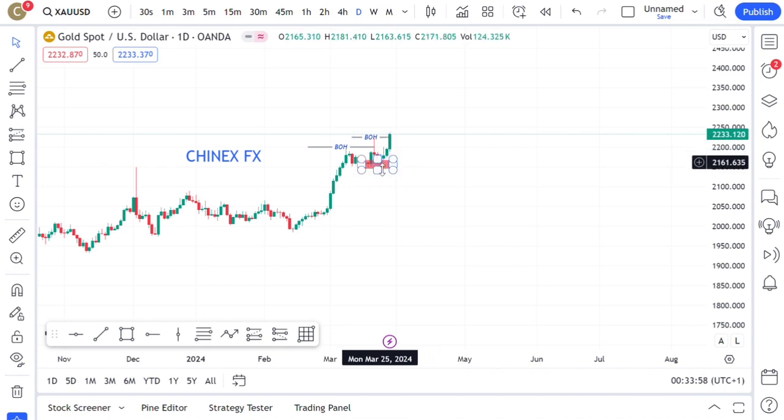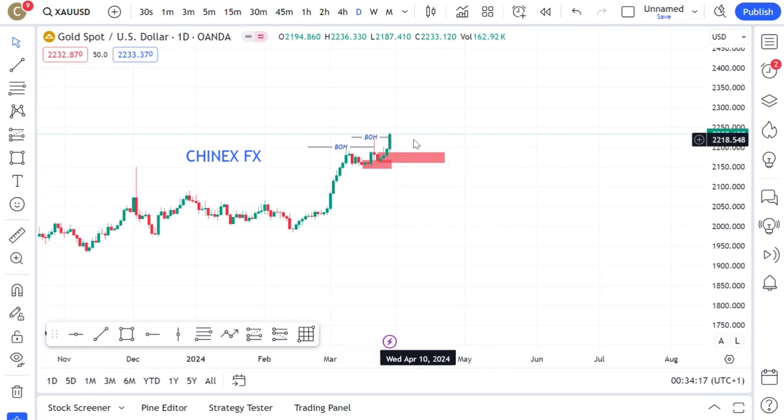Price was bullish overall, and it has created a new break of high. Price has been making a series of higher highs and higher lows in the market, which has led to a break of high being formed. So now I'm marking my demand order block.